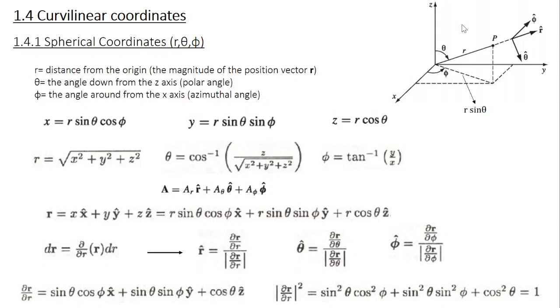So this is the major difference between the Cartesian coordinate system and the spherical coordinate system. The direction is fixed for Cartesian coordinates. On the other hand, the direction of the basis vectors change as a function of position. But irrespective of the position, the relation between x, y, z and r, θ, φ remains the same, and also these three vectors remain orthogonal to each other.